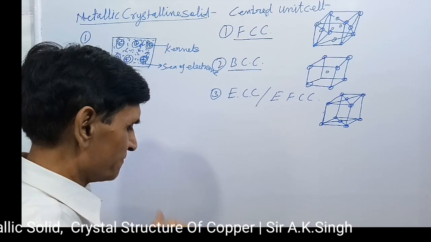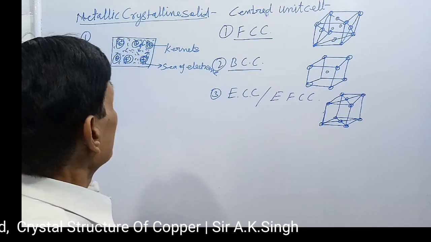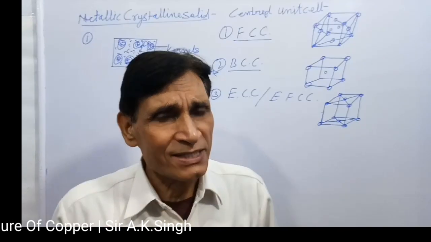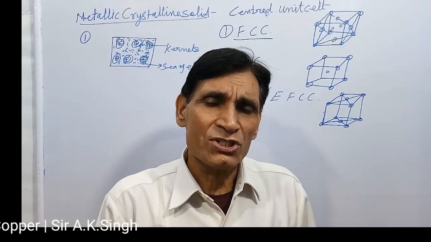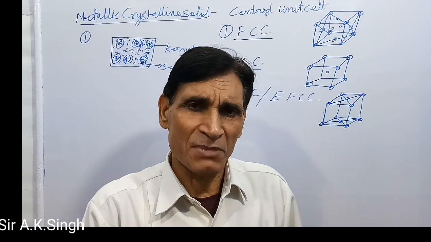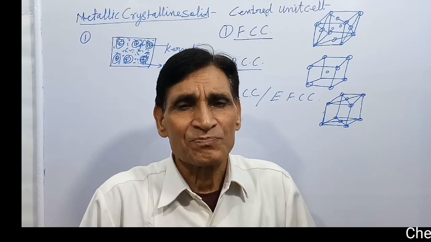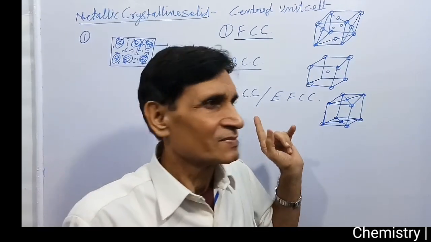The electrostatic force of attraction between the kernels and the sea of electrons, which holds these kernels together, is called the metallic bond. Now, in a metallic crystalline solid, the constituent particles are positively charged metal ions called kernels, surrounded by free electrons.